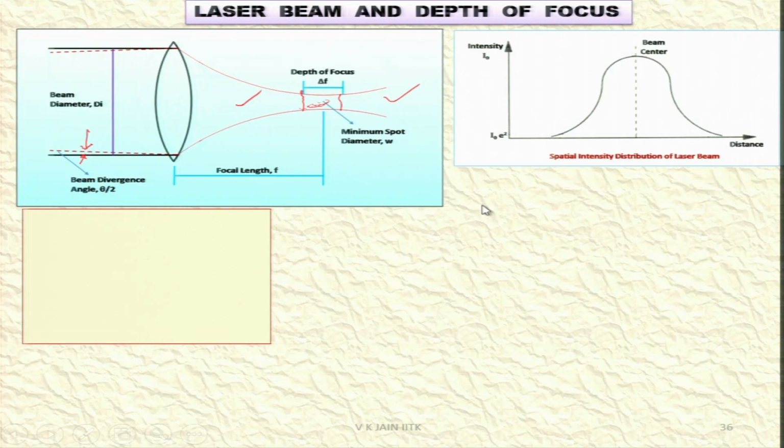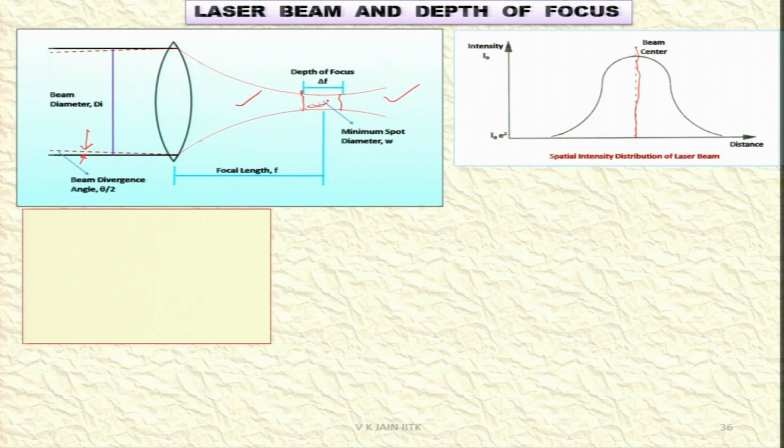Now, spatial intensity distribution of laser beam. As I showed you in the earlier slide, here also the laser light intensity distribution is something like this. That means at the center it is the maximum, then it is distributing.